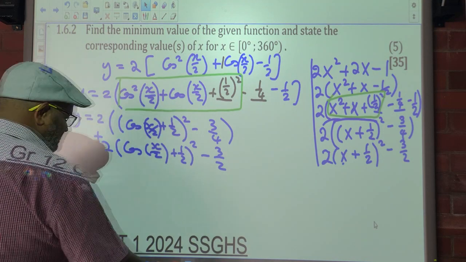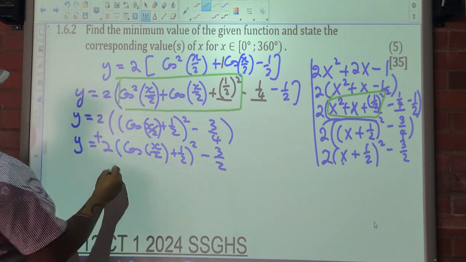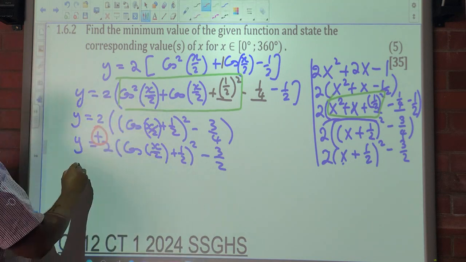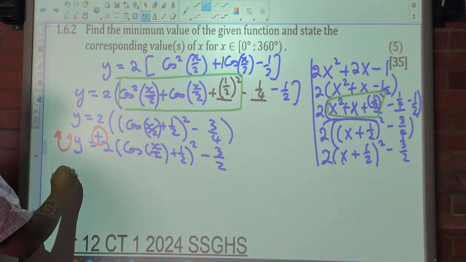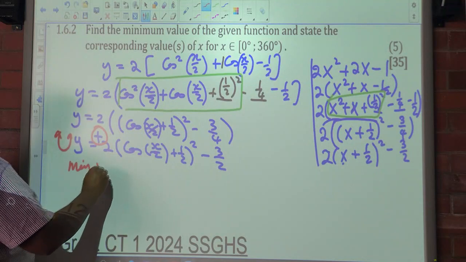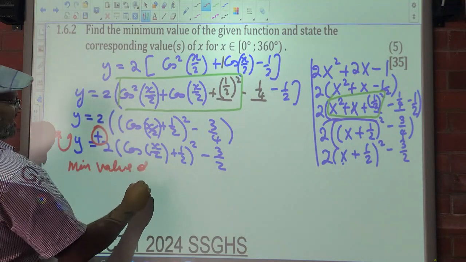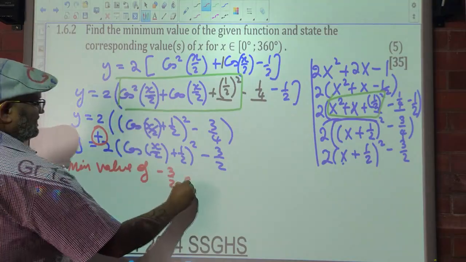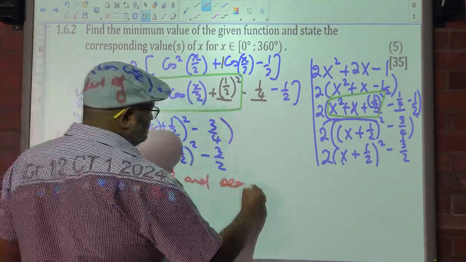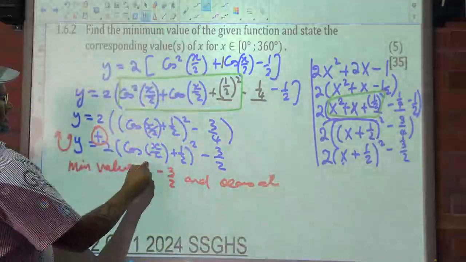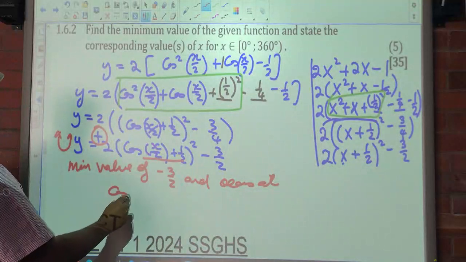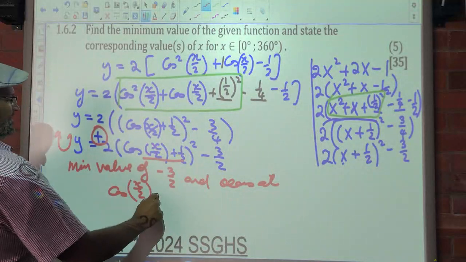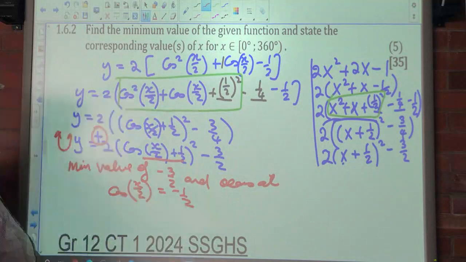Okay, so what we do is we say, since it's positive, the graph is smiling, it has a minimum value of negative 3/2, and occurs at cos of x over 2 equals negative half.